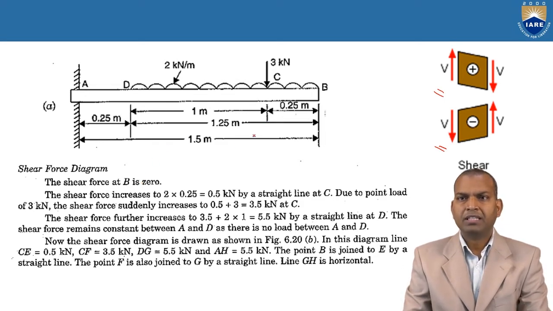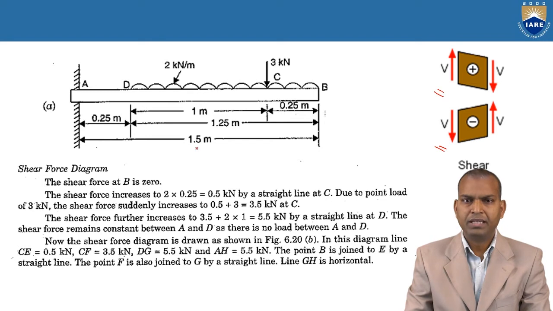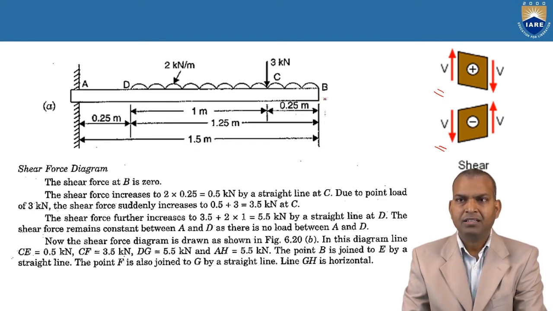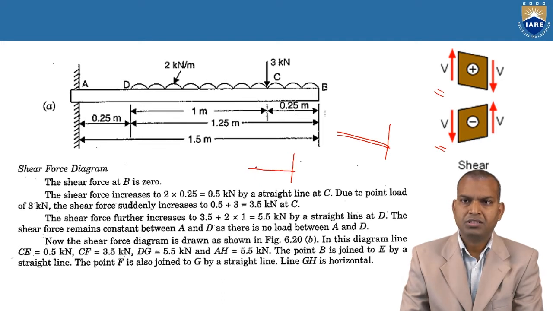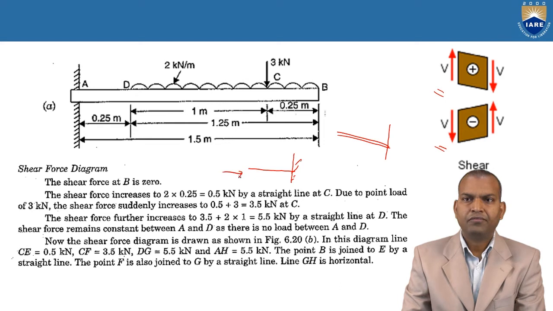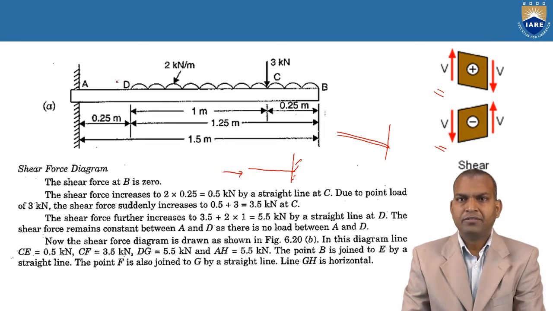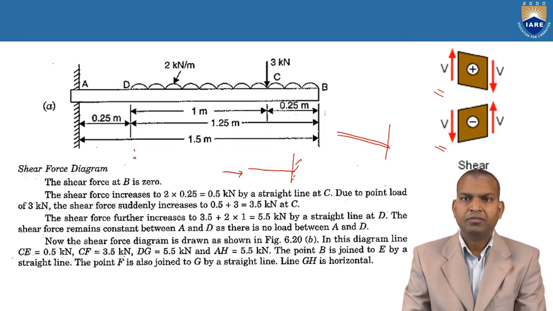Whenever a cantilever beam is there, we have to begin with the free end. If the cantilever beam is fixed at this end, we have to start from left to right. If the cantilever beam is fixed at the left hand and free at the right hand, then we have to begin from right to left.